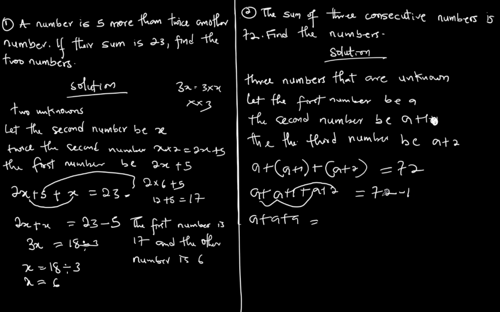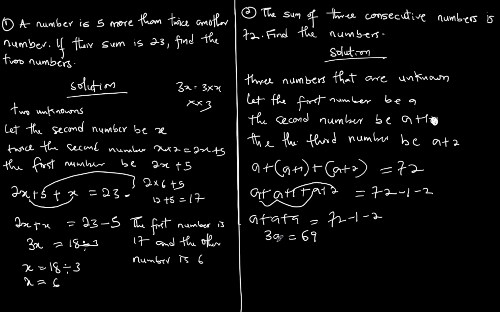If 2 crosses, it has plus, it also changes to minus 2. So that we then have 72 minus 1 and minus 2. Now, A plus A plus A is 3A, which is equal to 72 minus 1, which is 71. 71 minus 2 will be 69. So we have 3A equals 69.